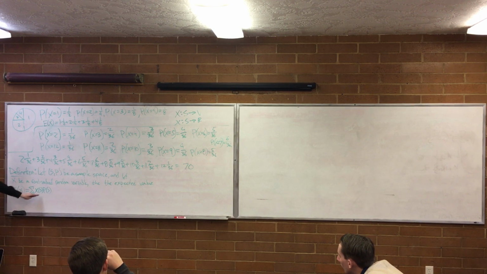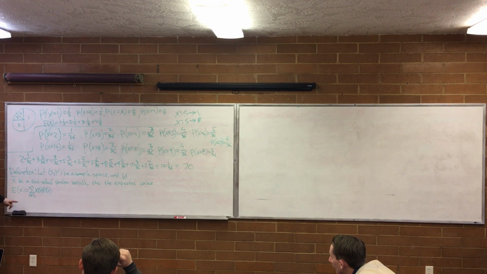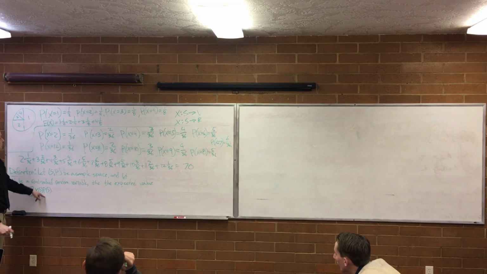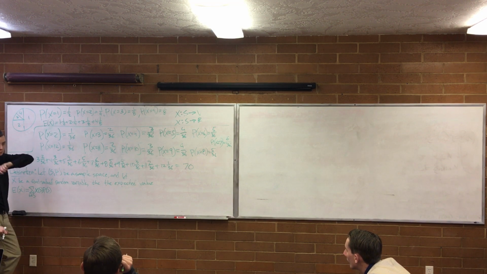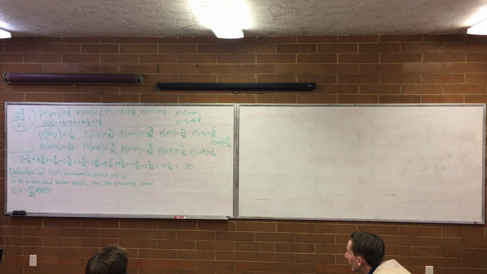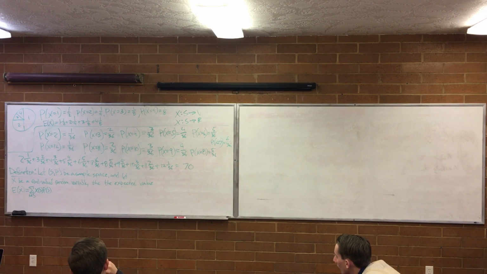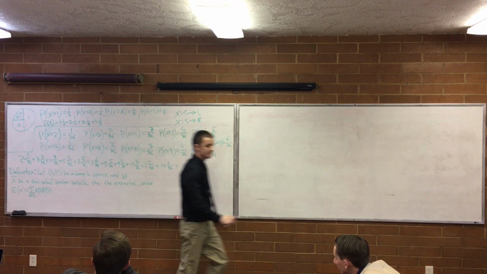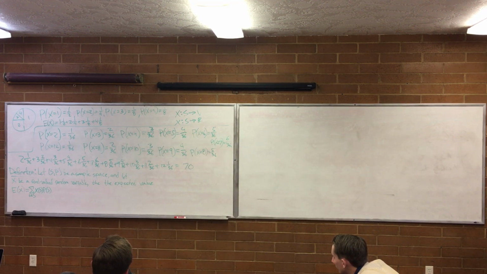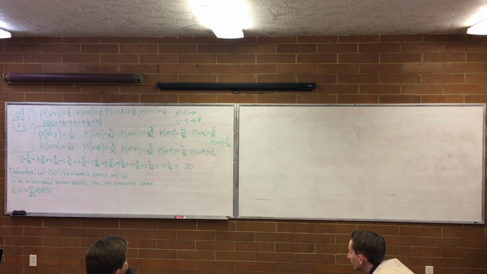That's exactly what this says to do. For each outcome, calculate the sum of the products of the value times the probability of it happening. Any questions about that definition?